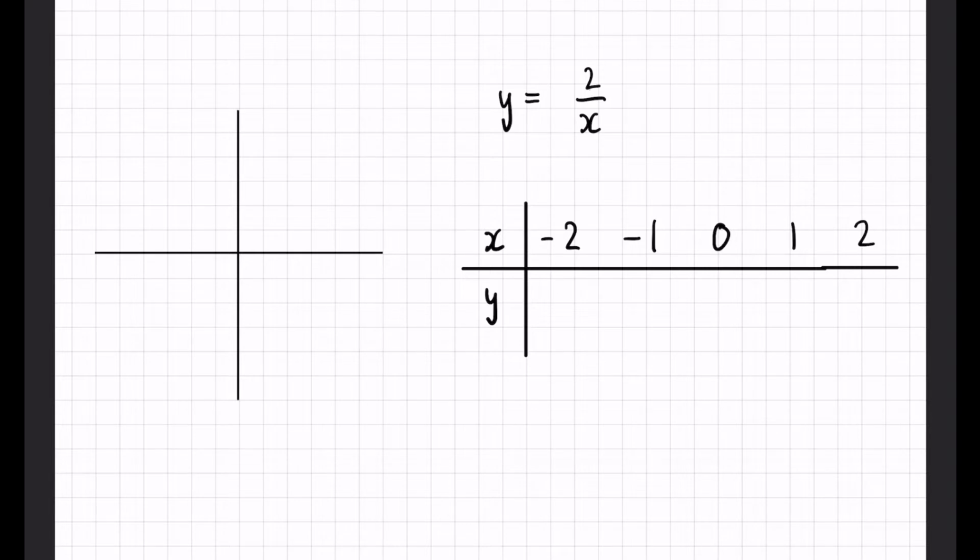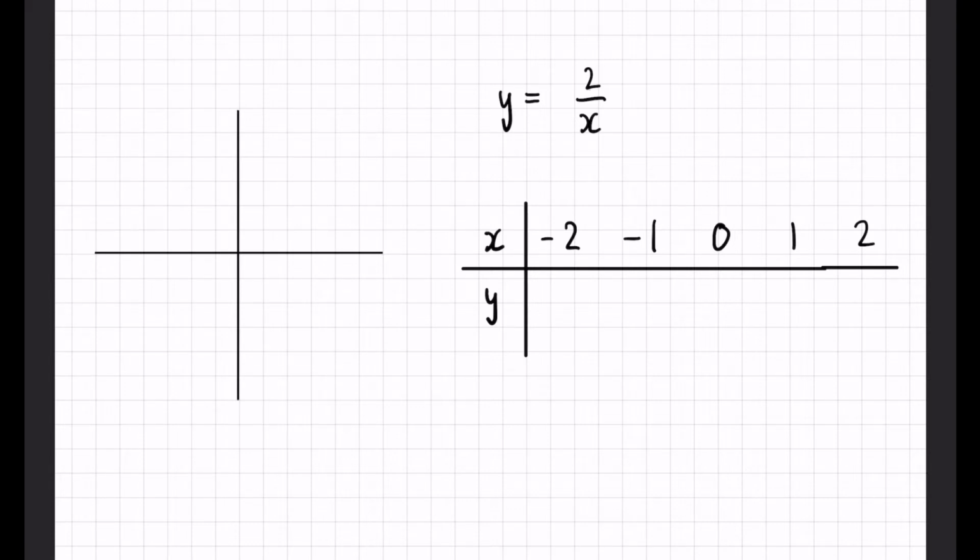Now, another thing you might be required to do is to draw a reciprocal graph. So, using our coordinate grid that we've got from before, again, we just need to substitute the x numbers into the x here, and it will give us the y values that we require. So, again, like I said before, always start with the positive values because that is the easiest.